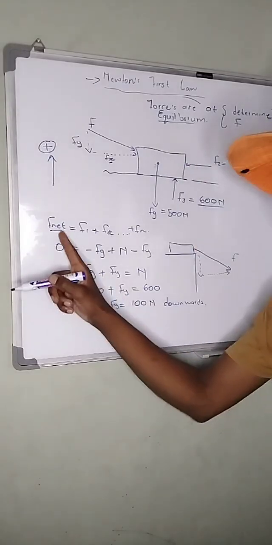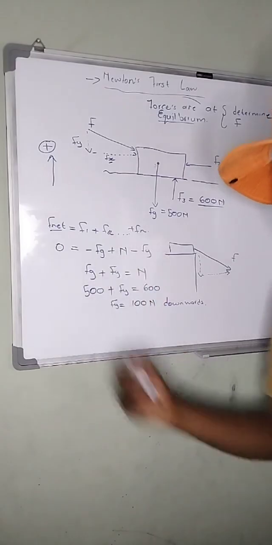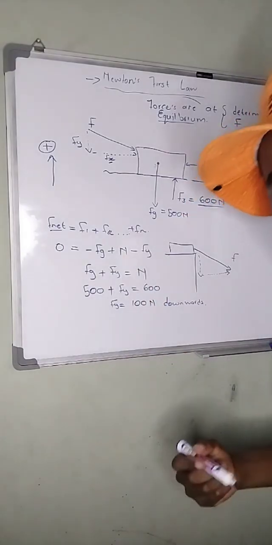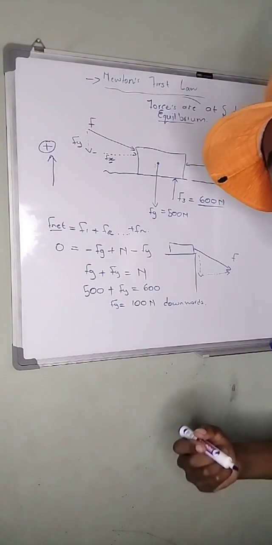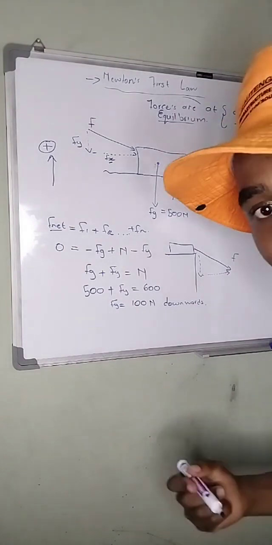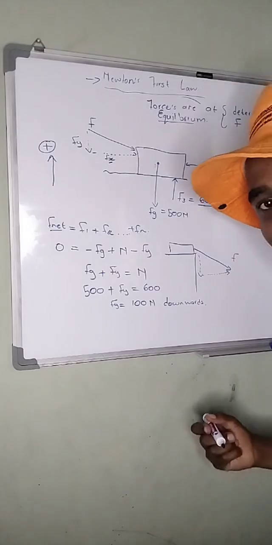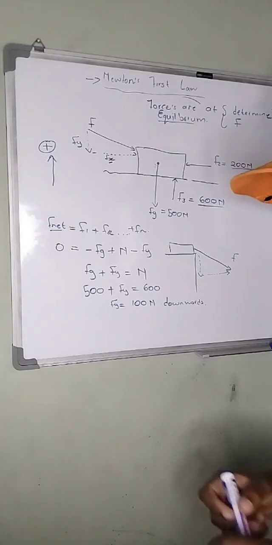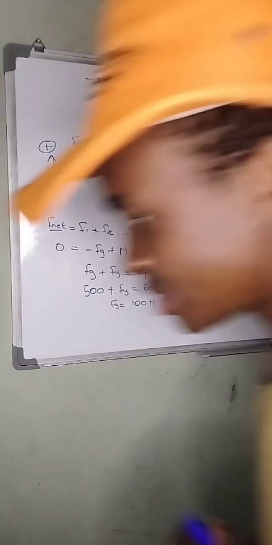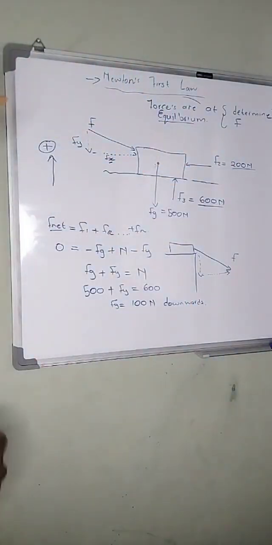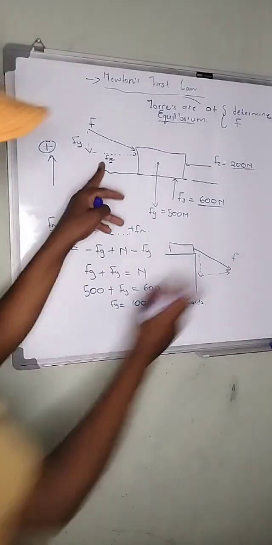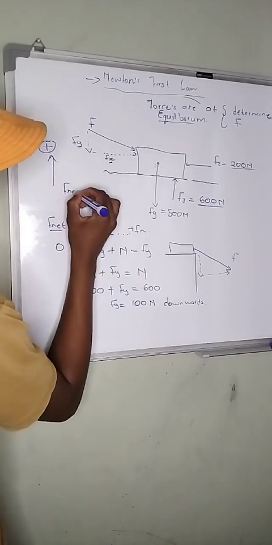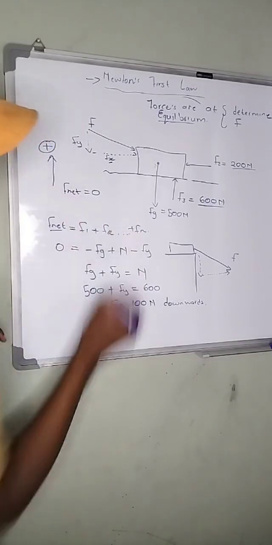So it means the sum of all the forces, F net, is going to be equal to 0.